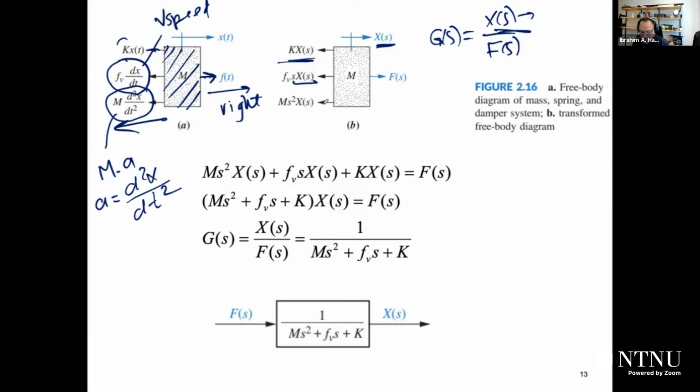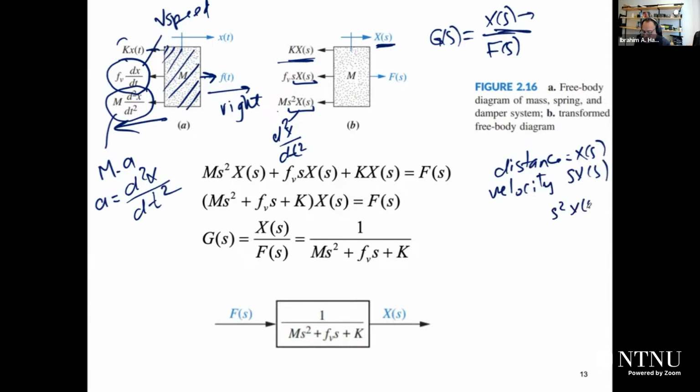And the mass itself will generate a force proportional to the acceleration, so the value of this force will be m s square x of s. s square x of s means d square x by dt square, which is acceleration. So if the displacement equals x of s, velocity will be s x of s, and acceleration will be s squared x of s.